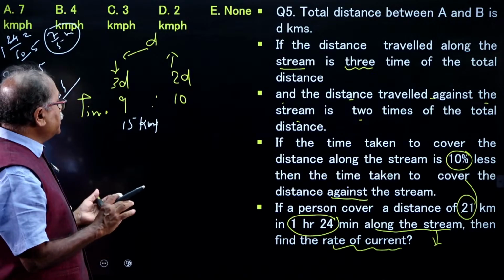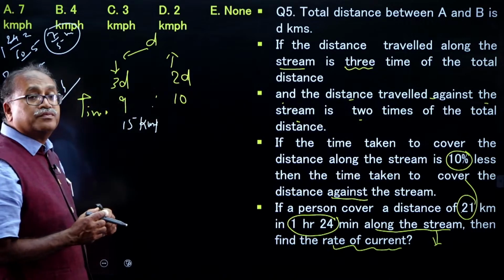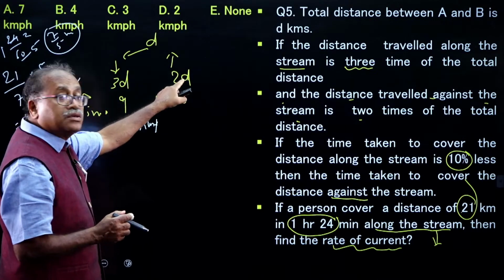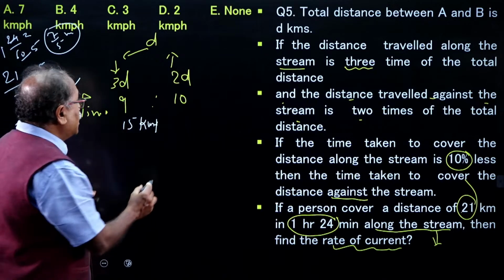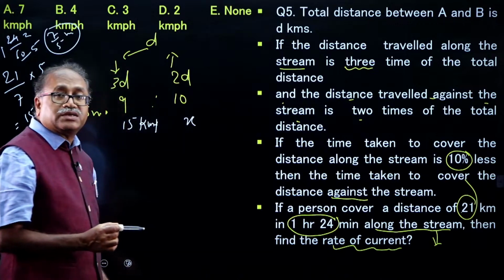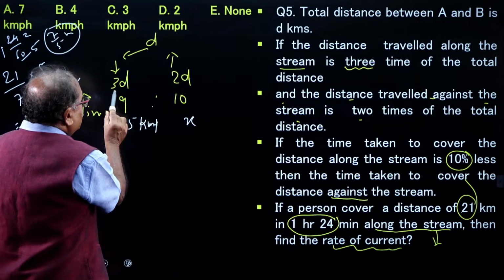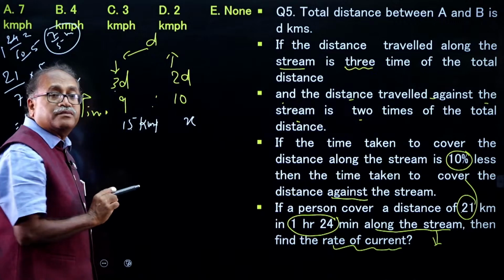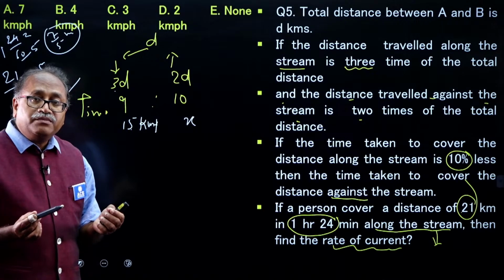Now, let me explain what I should do. I have the time ratio, I have the distance and I have the downstream speed. I will consider the upstream speed as x. Therefore, distance by speed is the time.